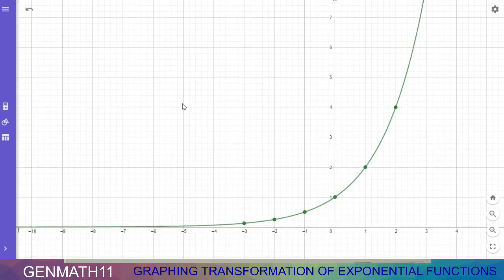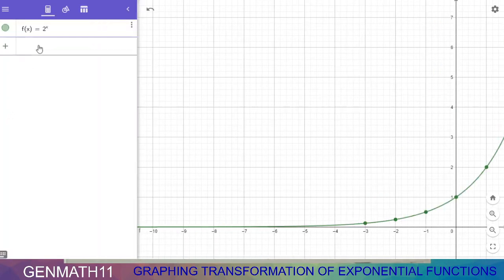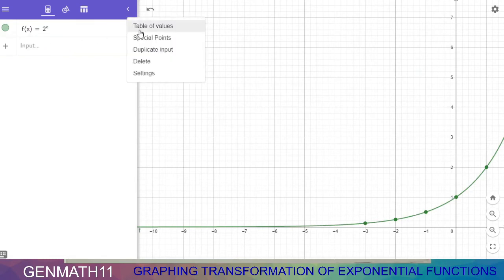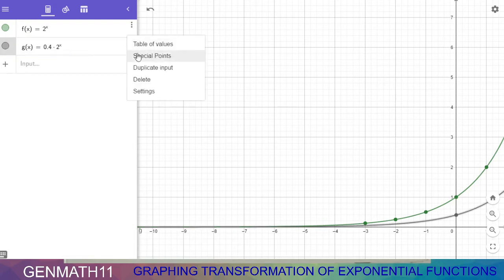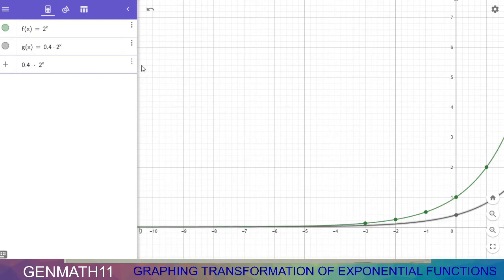Okay. So, ito yung graph ng ating f of x is equals to 2 to the x power. Ang gawin lang natin, lagyan lang natin dito yung function or i-duplicate lang natin siya. Then, i-edit lang natin siya. So, f of x is equals to, times lang natin to sa 0.4. Okay, automatic nagkaroon siya ng another value. Next, duplicate lang natin ulit.